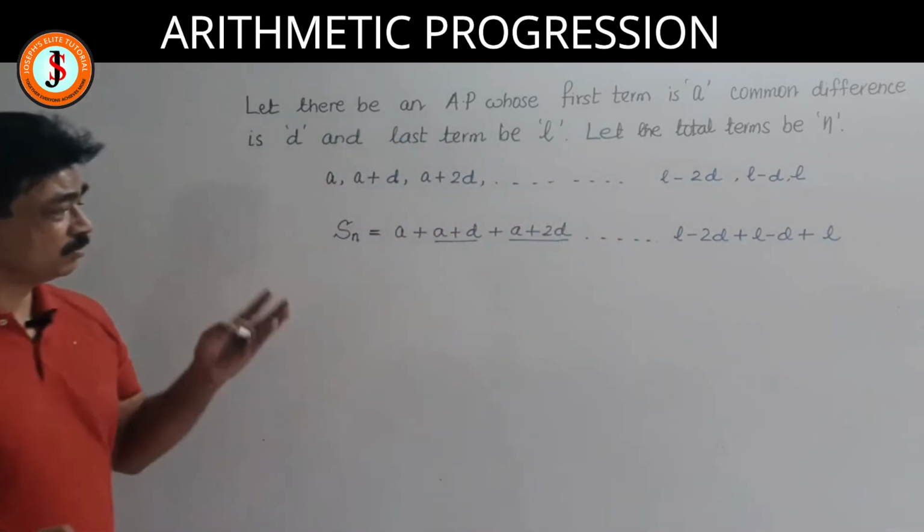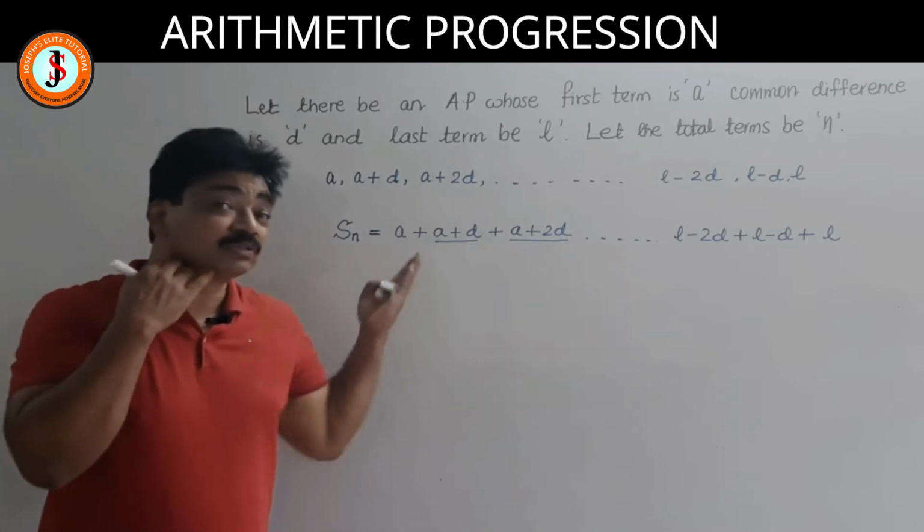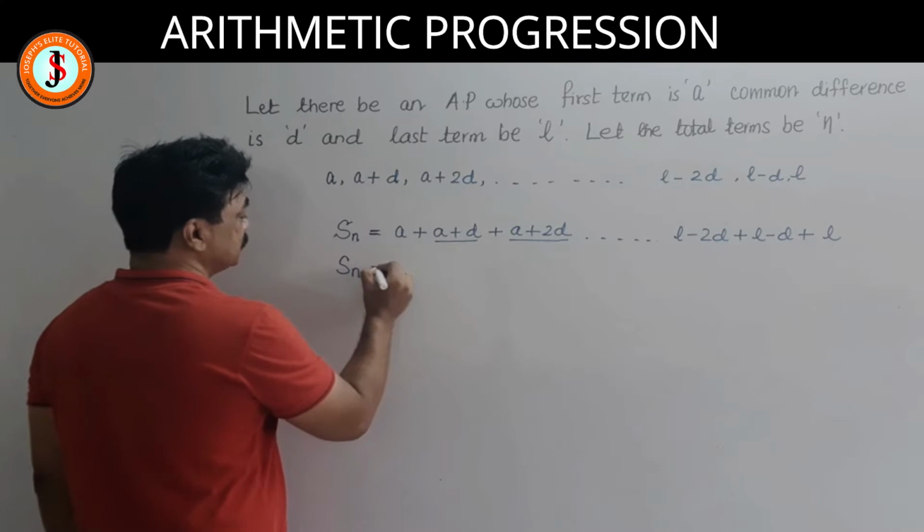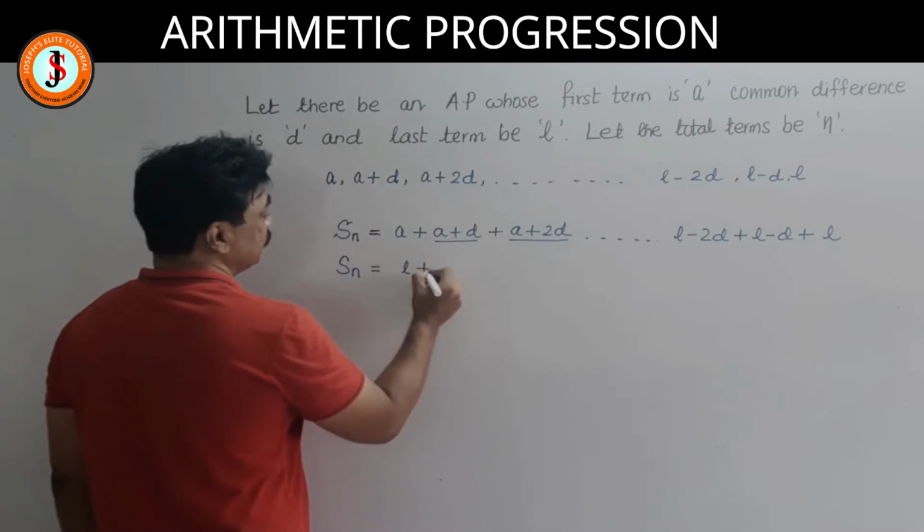I can write it suppose I am adding this way, some child can go this way, so let me add this way. The sum will be the same if I reverse the AP and write it this way.